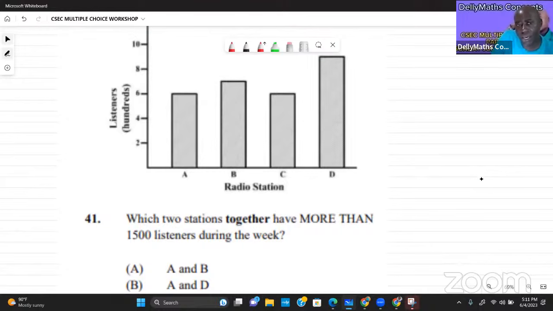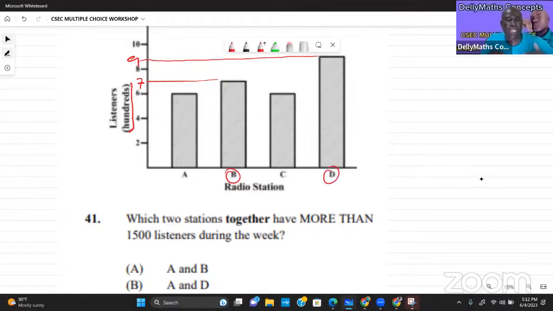So this is 7, 6, 6, and I think this is 9 here. Let's say 9 right here. All right. So the 9 and the 7, so B and D, if you add those together, B and D being added together, you're gonna get 1,600, which is more than 1,500.